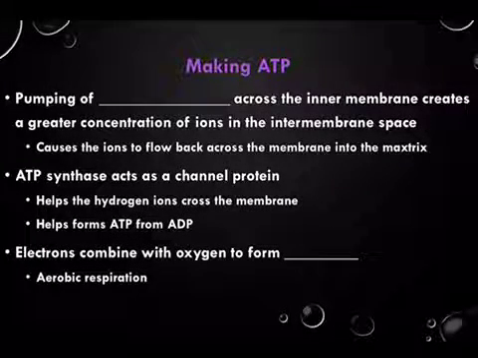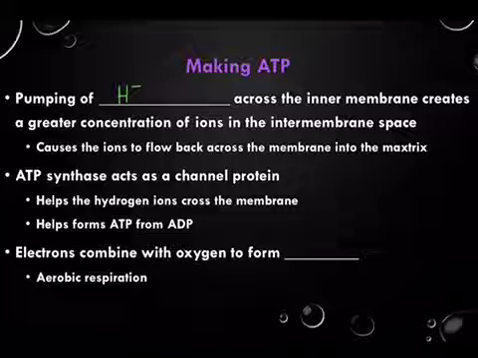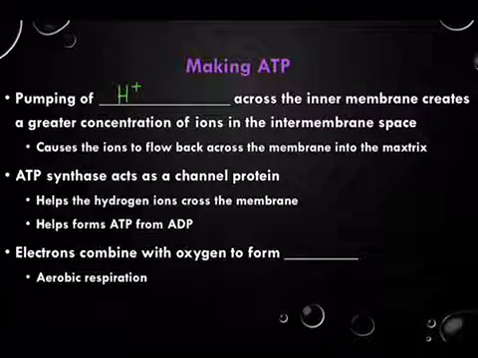So to make ATP, we have to pump those hydrogen ions across the inner membrane. And that's going to create a greater concentration of ions in the inner membrane space. And this causes the ions to flow back across the membrane into the matrix.